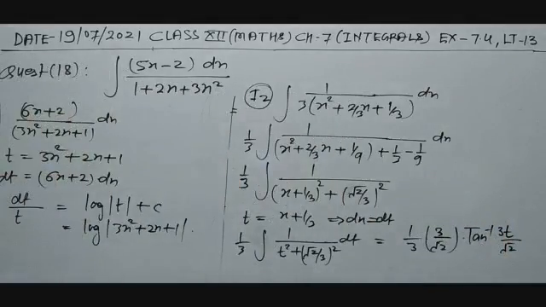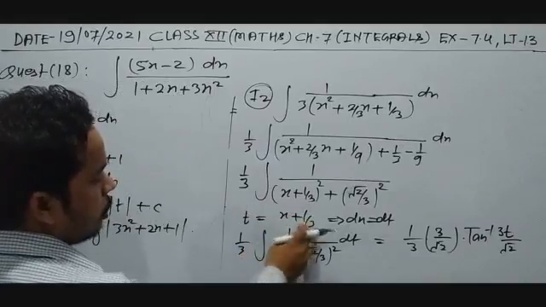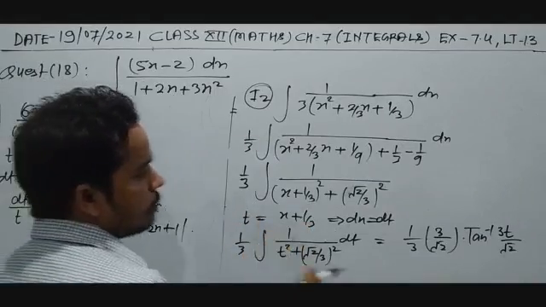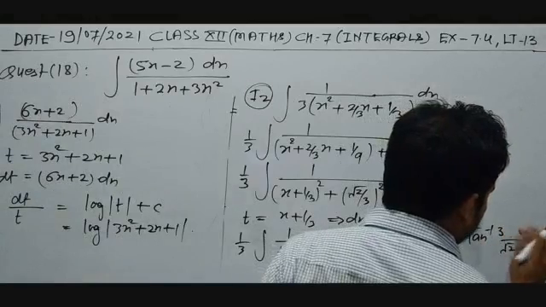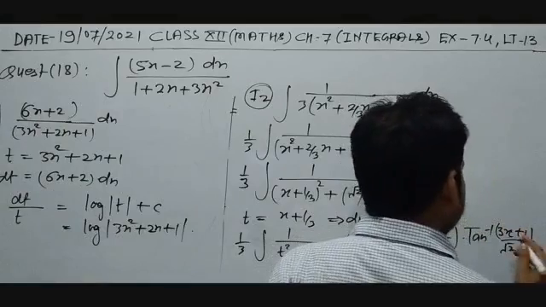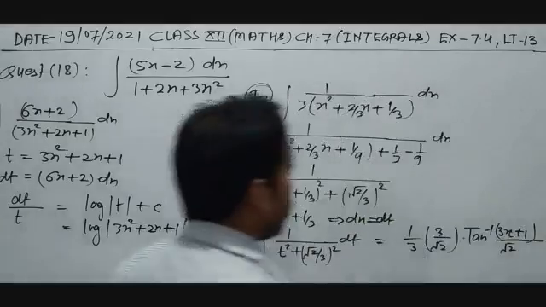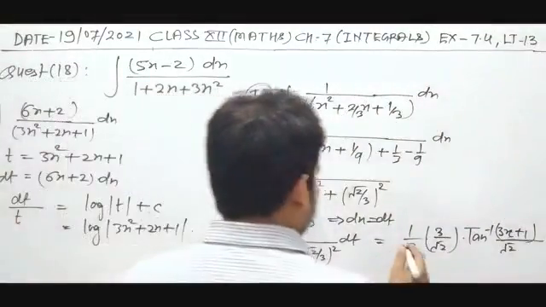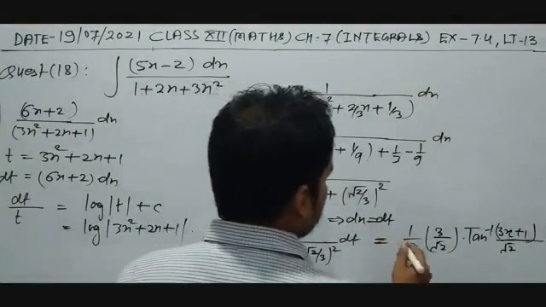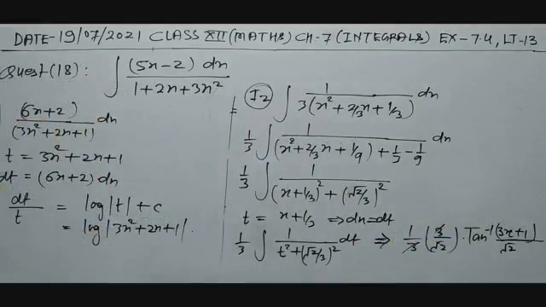Now this is the integral of the second part. When you take the LCM, (3x + 1)/3 is equal to t, so 3t is equal to 3x + 1. So 3x + 1 is the value of t, whole upon root 2. Now in the calculation, 1/3 is here, so 1/3 will cancel out, and the result will be 1 by root 2 tan inverse of (3x + 1) by root 2.